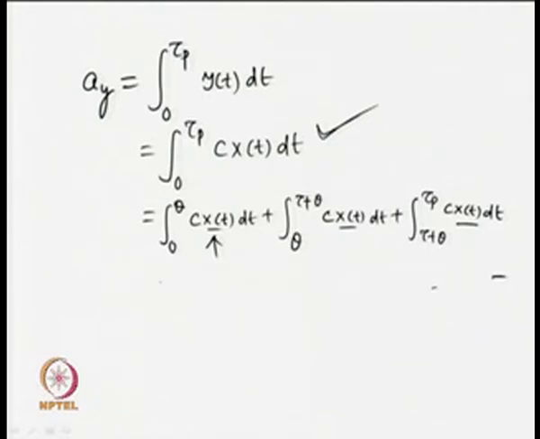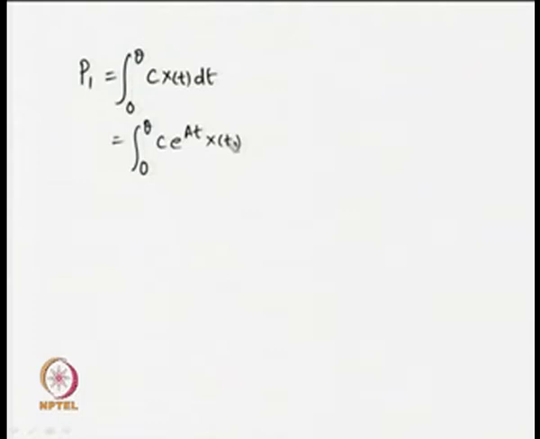So, let us write this area y as 3 parts, P1 plus P2 plus P3, and try to find the parts individually before combining and finding the final area of the output signal.